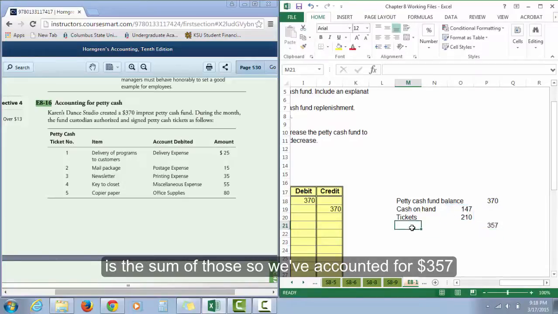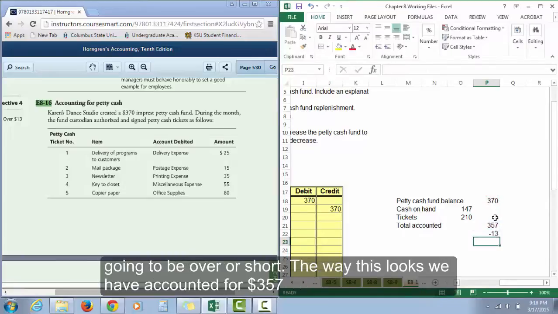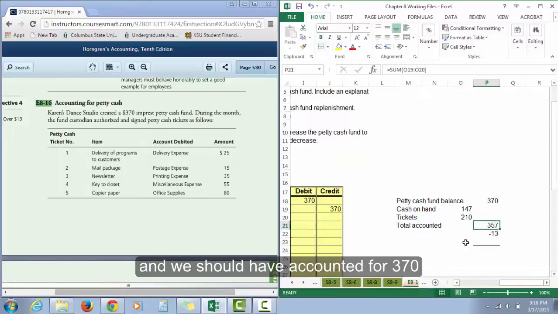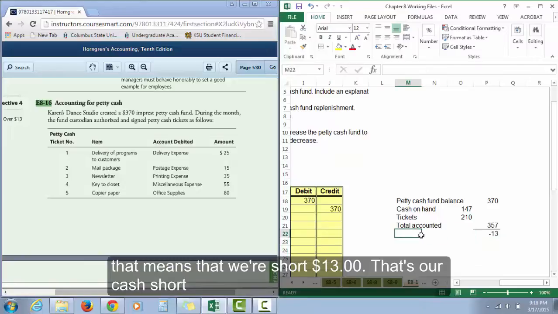So we've accounted for $357. All right. So then we're going to take that difference of what we have accounted for and what the balance should be, and that's what we're going to be over or short. So the way this looks, we have accounted for $357, and we should have accounted for $370. That means that we're short $13. Okay, so that's our cash short.